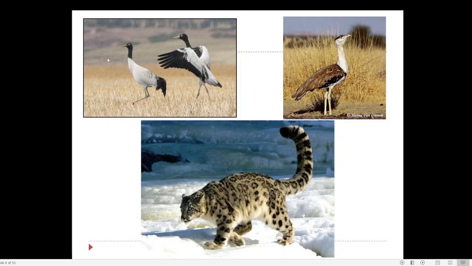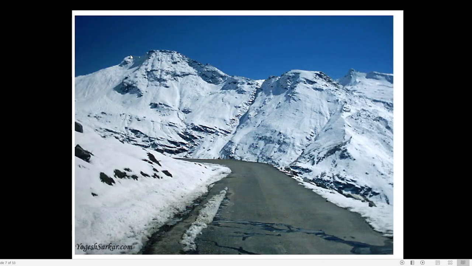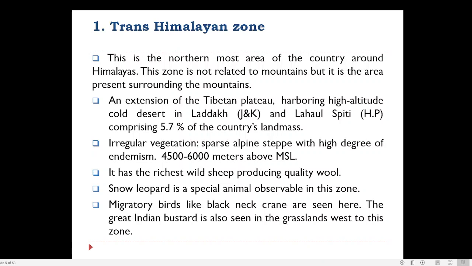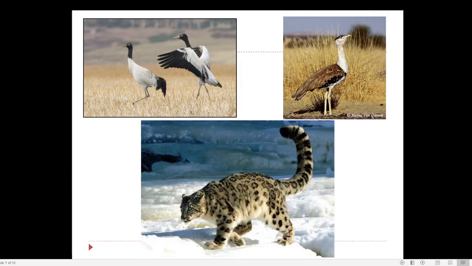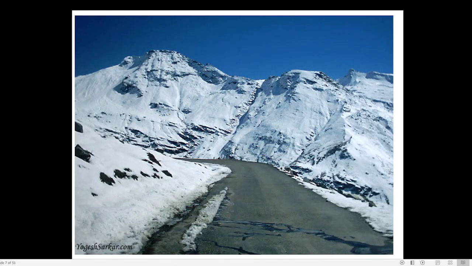This is the black-necked crane, and another is the Great Indian bustard. This bird is one of the largest birds in India. Then we have the snow leopard also. So these are some of the important animals which we can see in the Trans-Himalayan region, and this is how most of the Trans-Himalayan region will look.